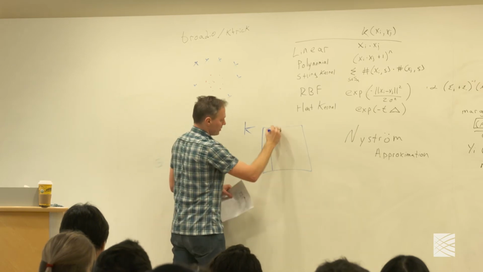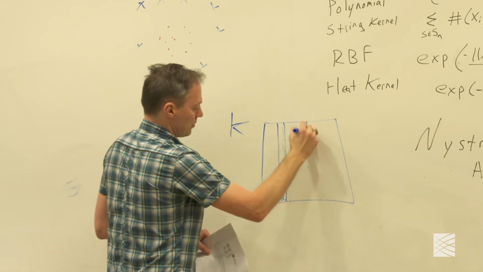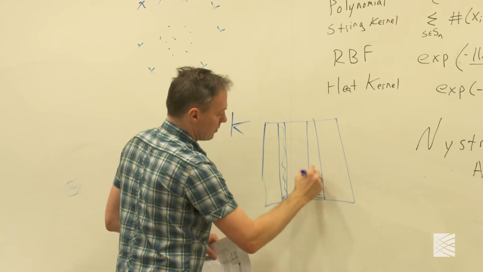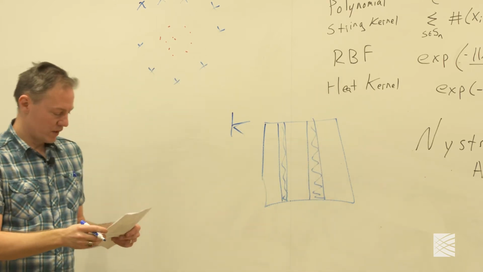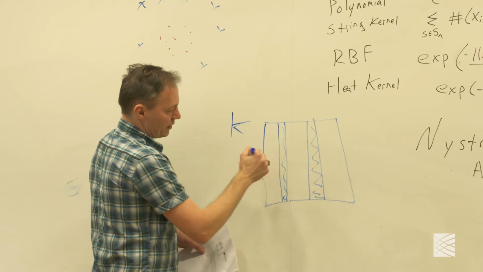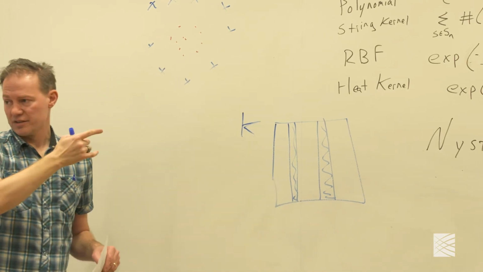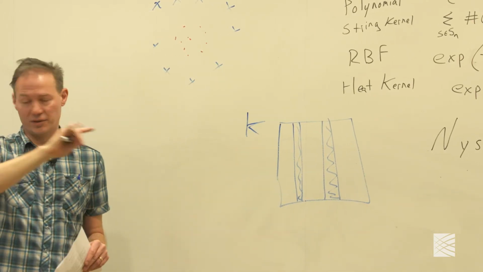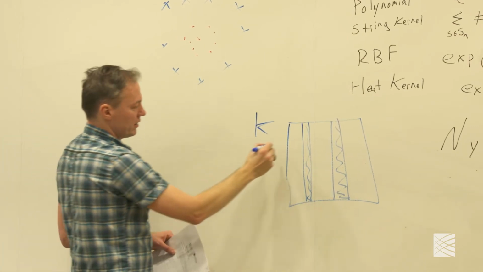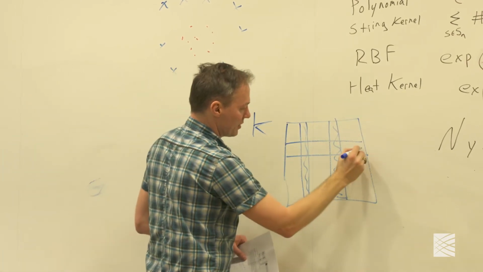Subsample a set of columns. And it's symmetric, right? It's dot products. It has to be a dot product, so for this to all be valid, it's symmetric. So I'm at the same time sampling this set of rows.